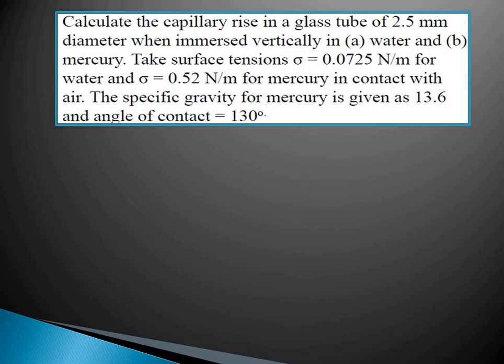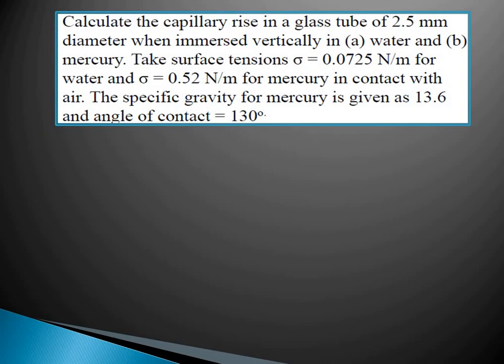Now here we have to calculate the rise in water as well as the rise in mercury, for a glass tube having a diameter of 2.5 mm, that is a very small diameter.